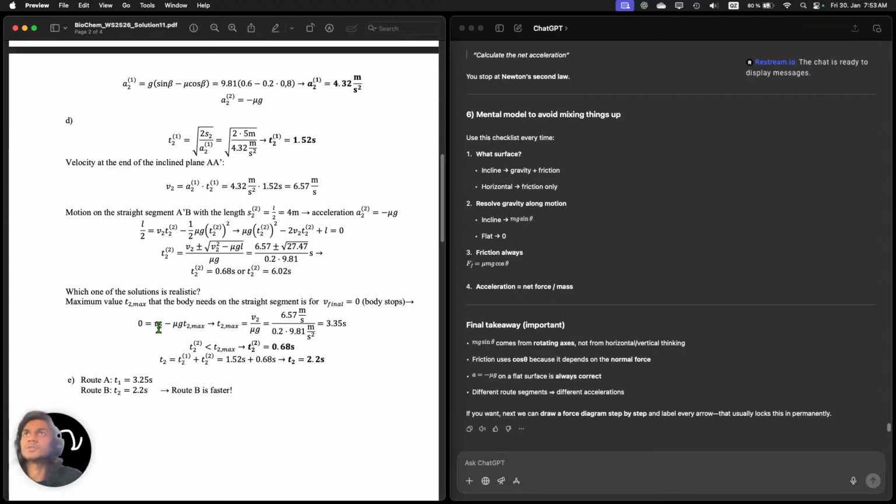What is this equation? v2 minus nu g t2. Maximum t2 the body needs on the straight segment is v final equals 0.